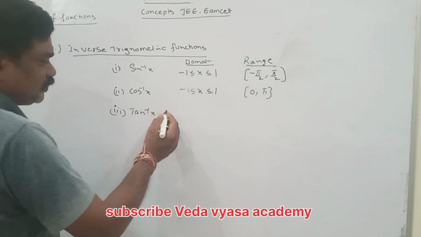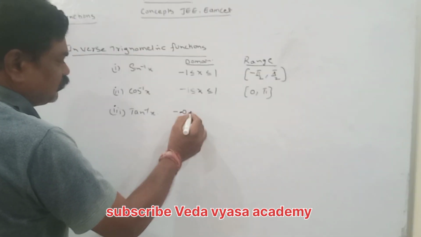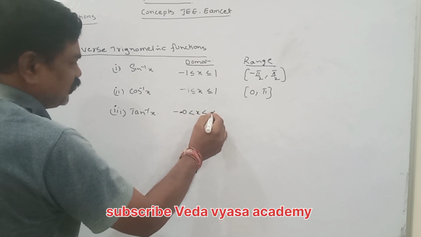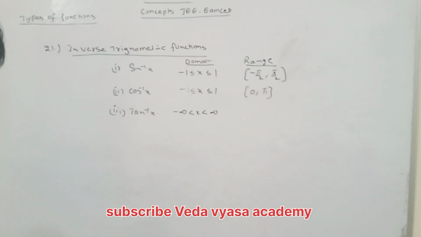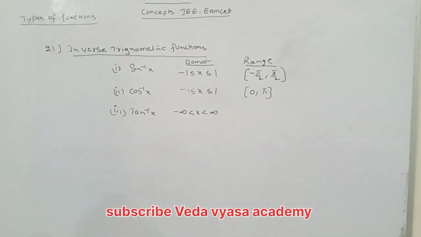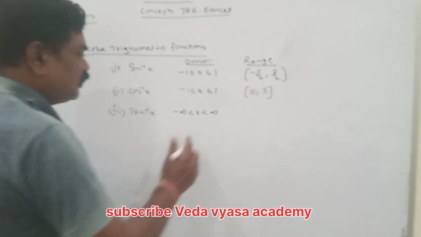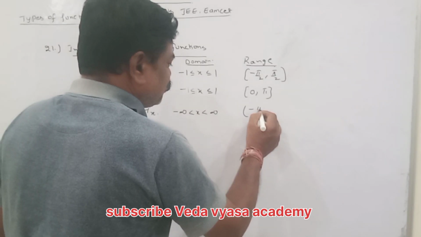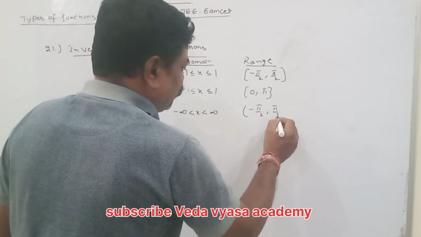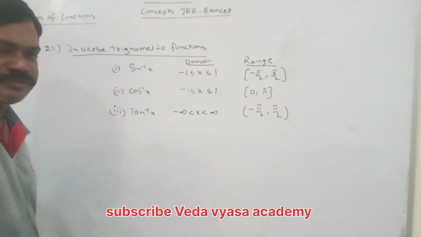And tan inverse x: minus infinity less than x less than plus infinity, and the range is the open interval minus pi by 2 to pi by 2.